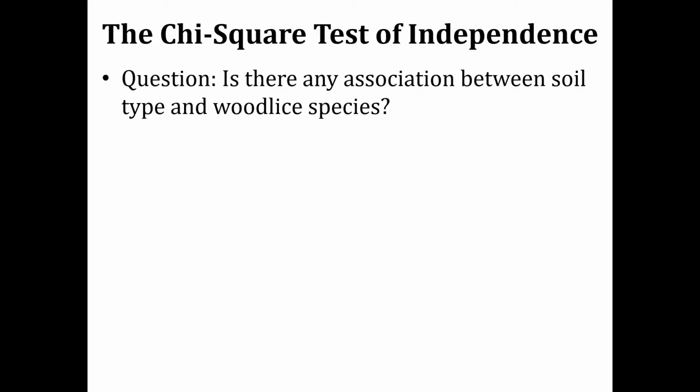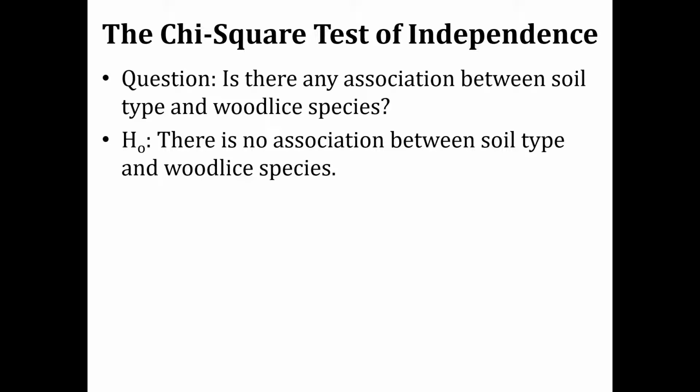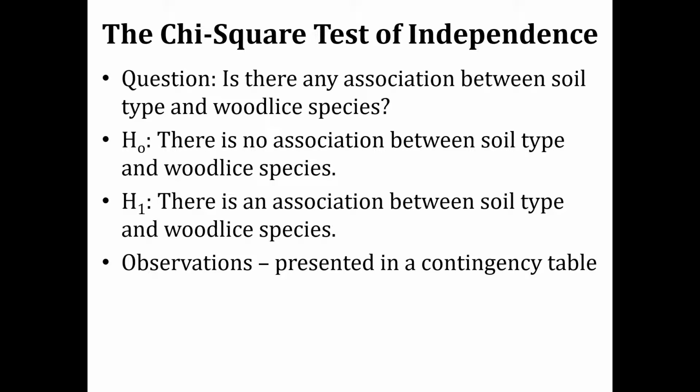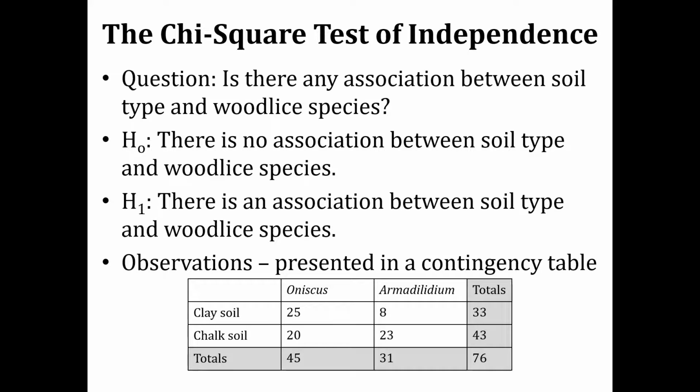The question is, is there any association between soil type and wood lice species? The null hypothesis is there is no association between soil type and wood lice species, and the alternate hypothesis is there is an association. The observations are presented in a contingency table. So these are the observations.